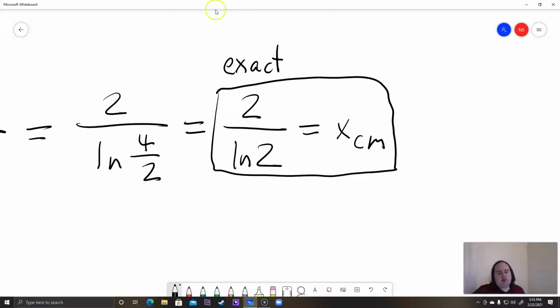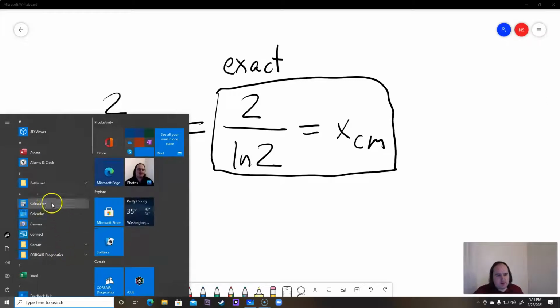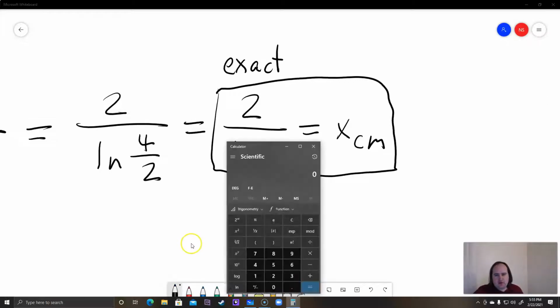And then if you want to use whatever calculator you have, even just the one that comes with your computer, you can do 2 divided by ln of 2. Just go in scientific mode, and then you can do ln of 2 first. So 2 press ln. That's 0.69314, or 0.69315.